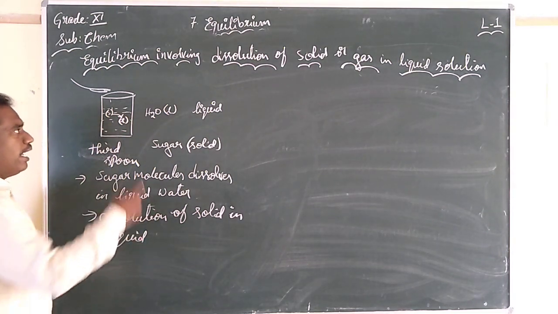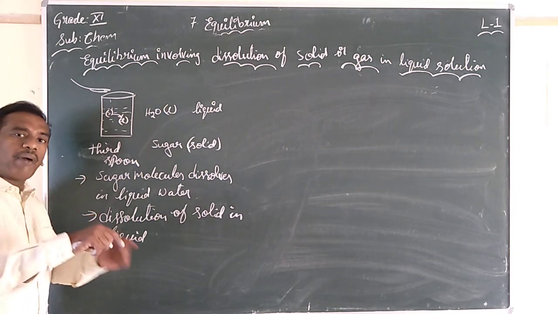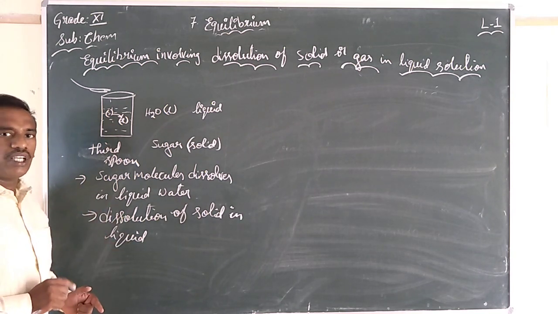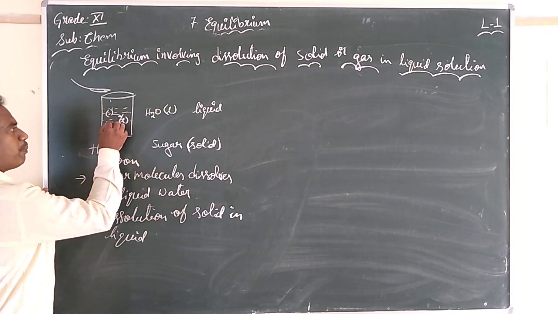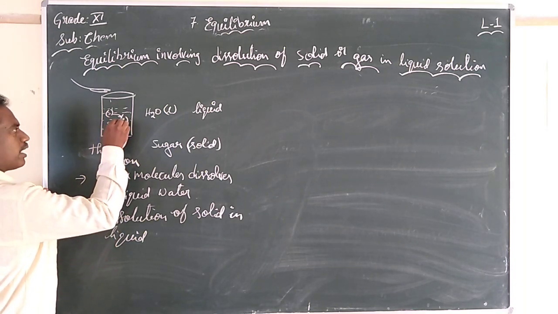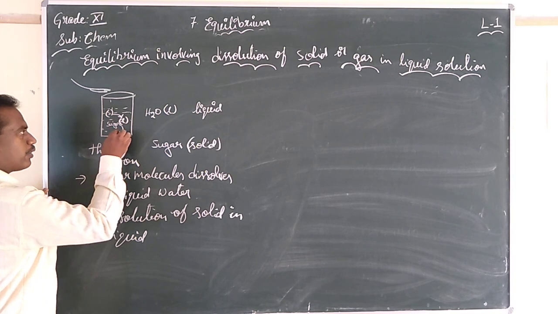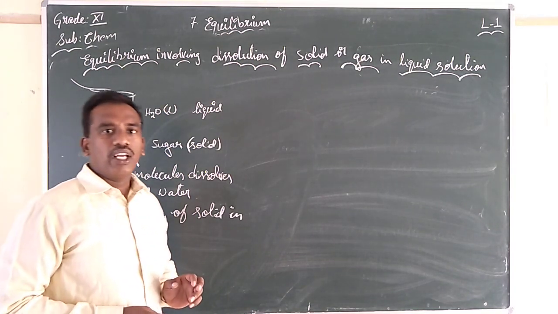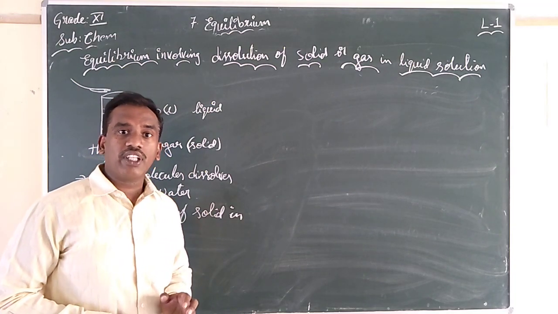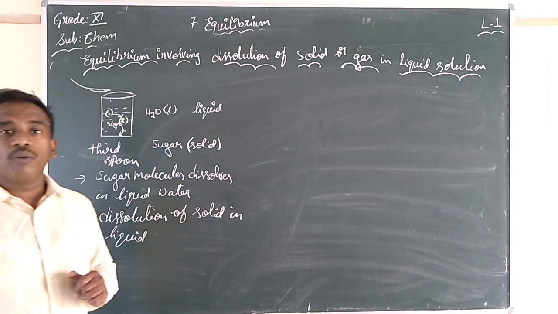But already in this liquid water some sugar particles are there. Those sugar particles that are present in this liquid water, they will try to go and sit at the bottom of the container. What are you able to observe, children, now?